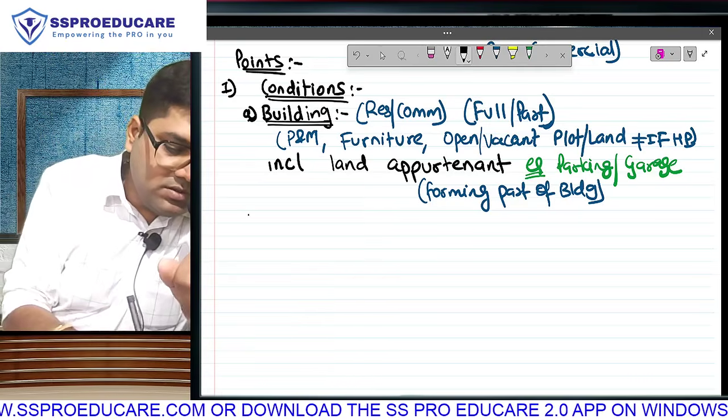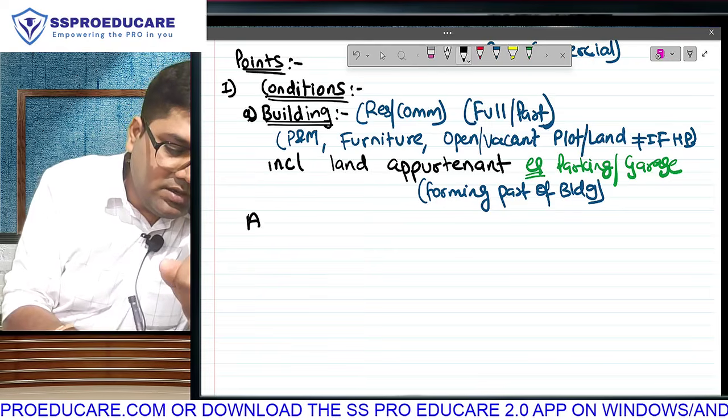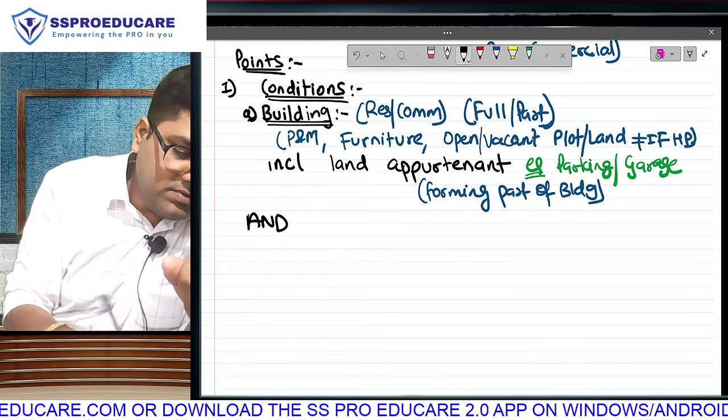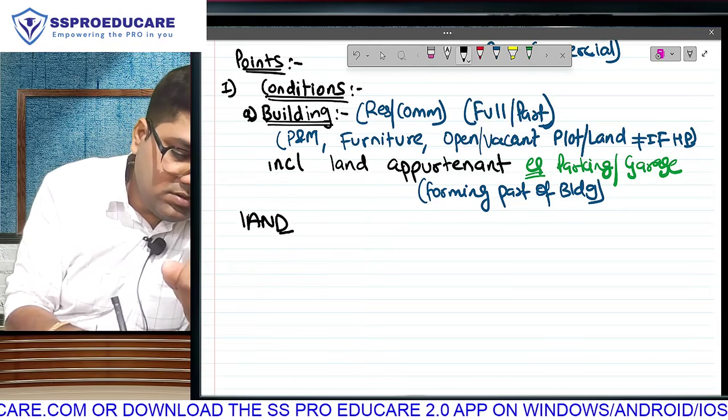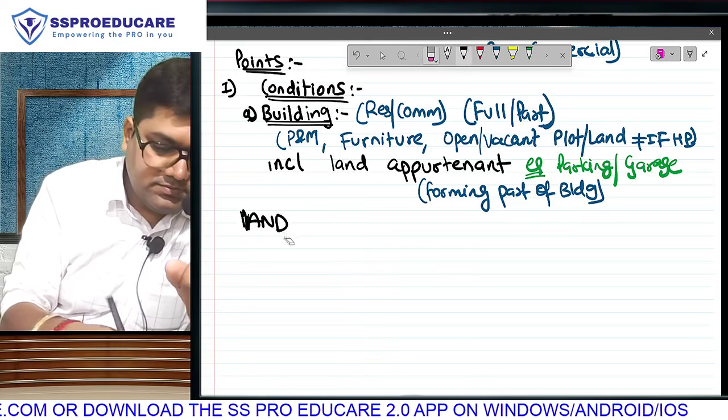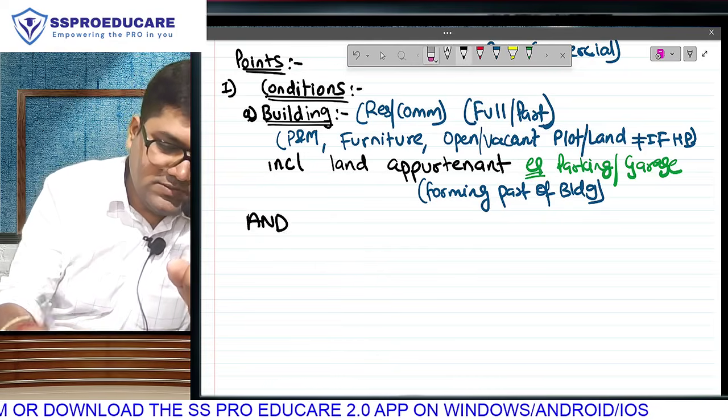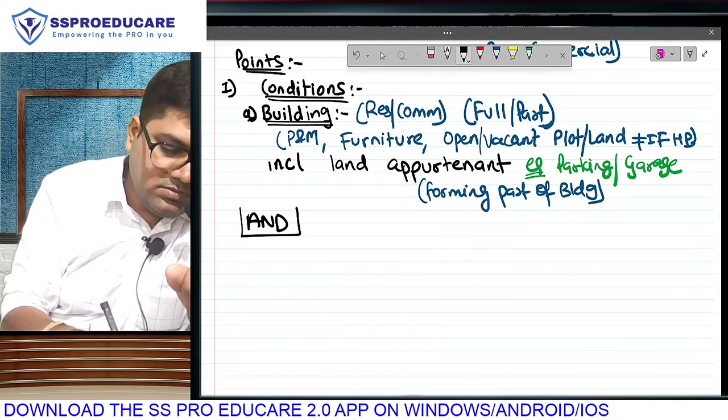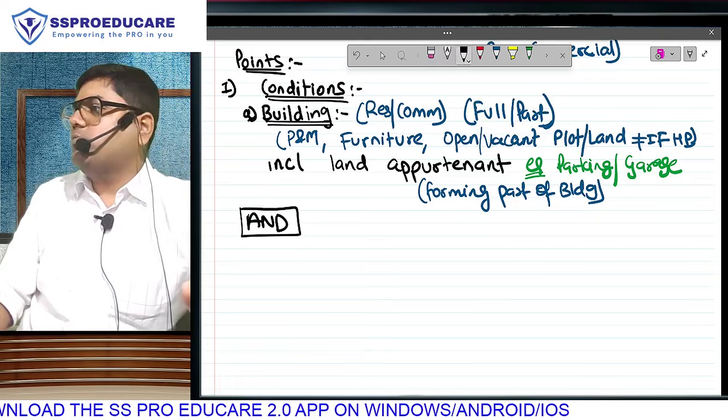Second condition, to tax an income under income from house property, and plus, it is a cumulative condition.